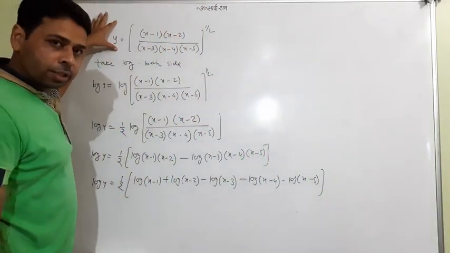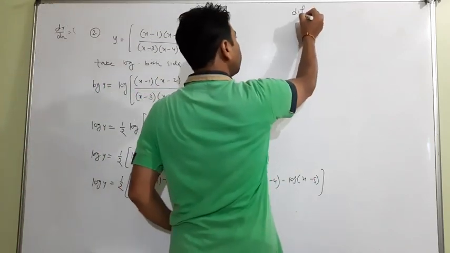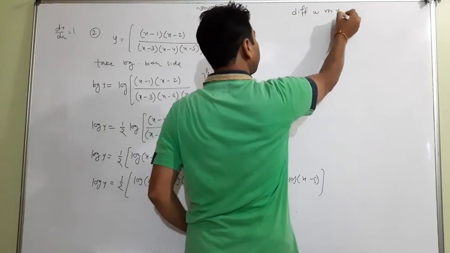So the function has been changed now. Initially it was this, after taking log, now it is going to be this. So in a very simple way, differentiate now with respect to x.